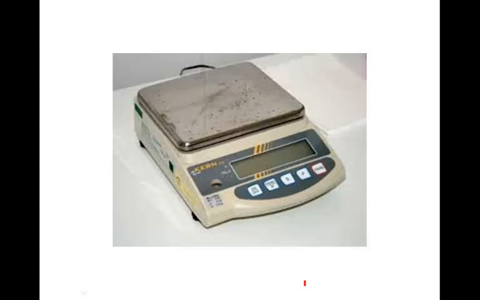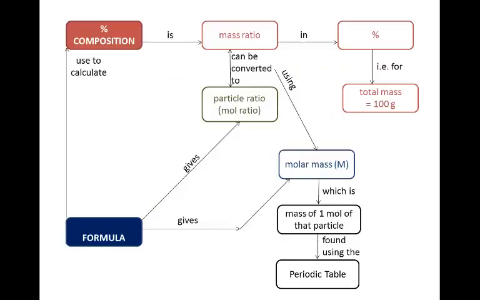For example, the mass of the amount of compound as a whole, and on combustion, the mass of each of the products. And from that, know the mass of the components. So the chemist can measure mass. And so the chemist can measure the mass ratio of the elements inside a compound.